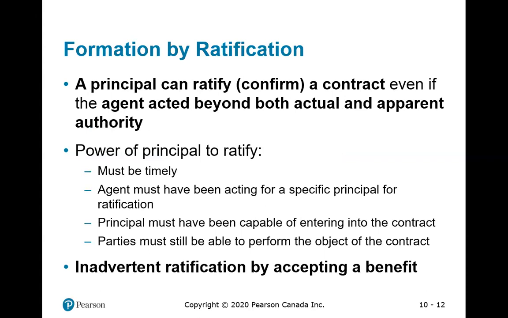My principal, even though I have gone beyond authority, may be interested in selling double. So they may confirm, they may ratify. They don't need to, but they may. And that ratification makes the deal by the agent, even though it's beyond authority, legal and binding.